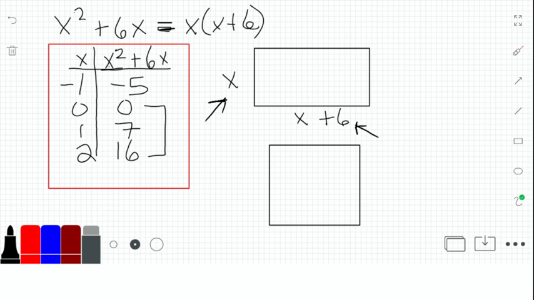So if I took half of that 6 away on the bottom, then I'd have x plus 3. And if I gave it to the side over here on the left, I would get x plus 3 also. So now I've created a square.